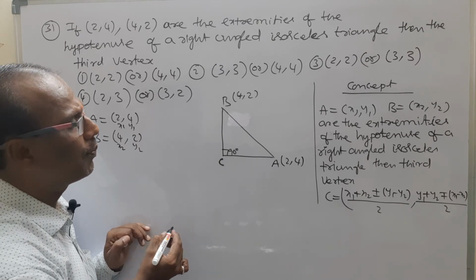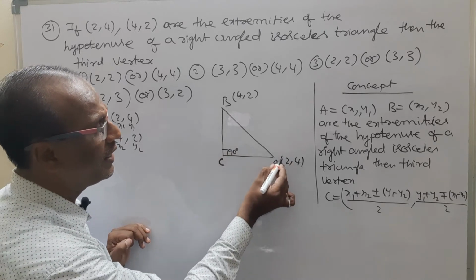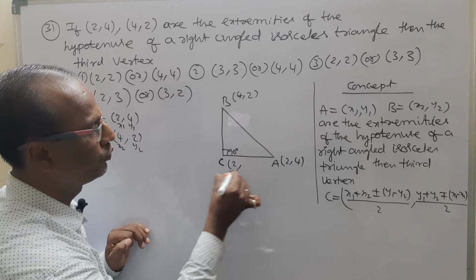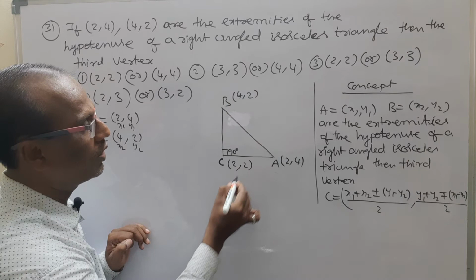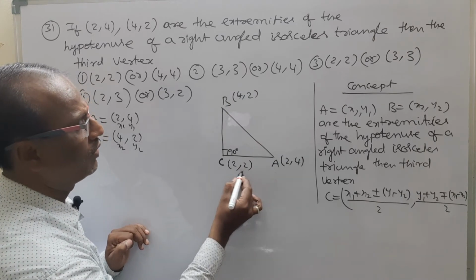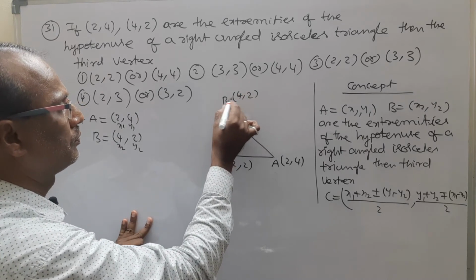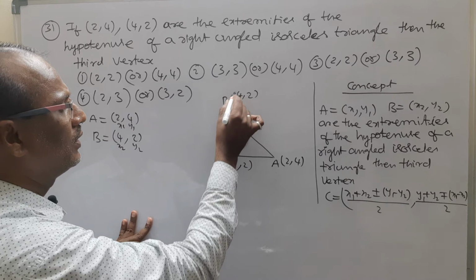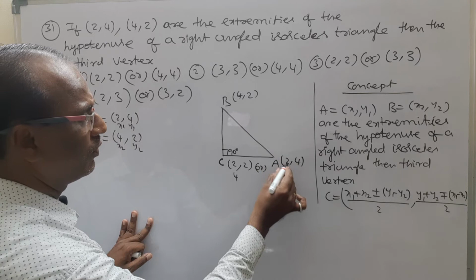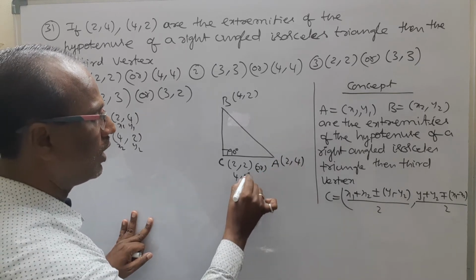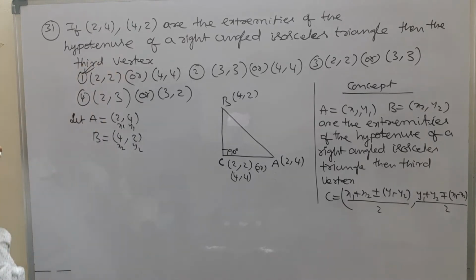Here, by the right angle property, at the 90 degree vertex, in A the x coordinate is 2, in B the y coordinate is 2, so the point is (2, 2). Next, B's x coordinate is 4 and A's y coordinate is 4, so the point is (4, 4). So (2, 2) and (4, 4). This is the first option, correct.